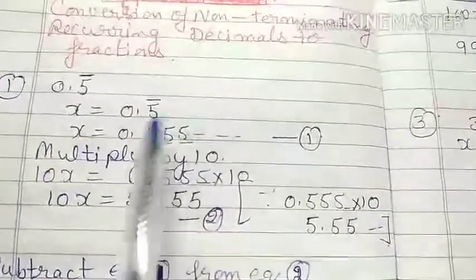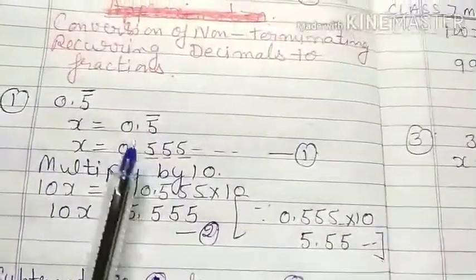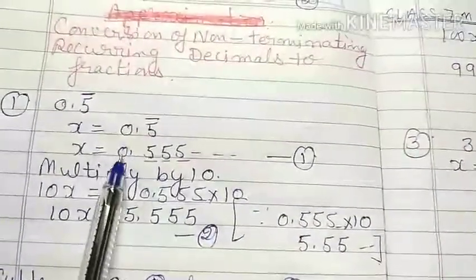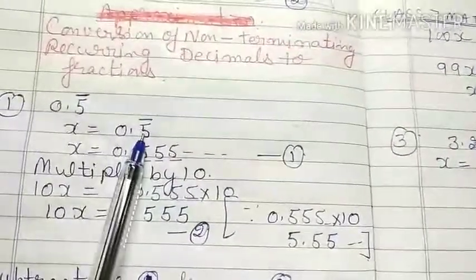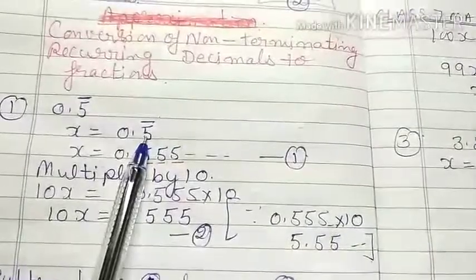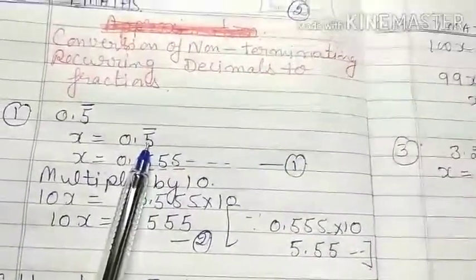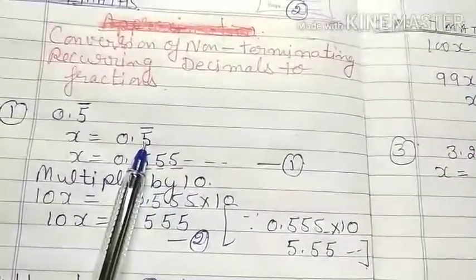Now I want to shift the number here, so you have to count how many digits have the bar line. Here only one digit has the bar line.